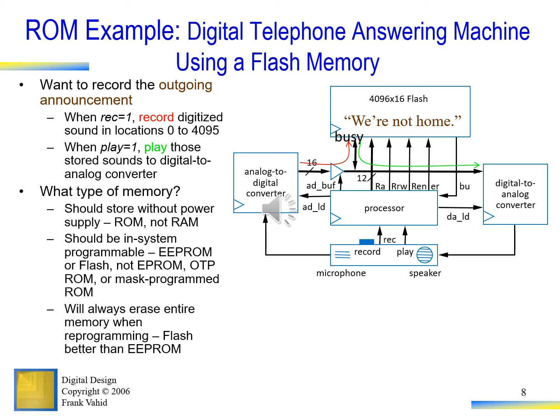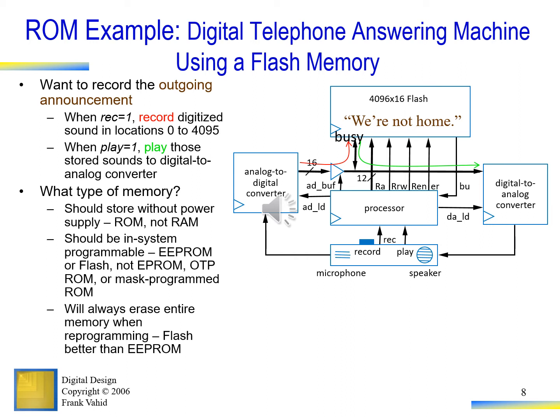So when you want to listen, play the recording, you will press the play button, and the recording will go from the digital to analog converter back to the speaker. So this is used in the memory, where you should store the data without the power supply, because in the RAM, when the power supply is not there, the data inside the RAM is volatile.